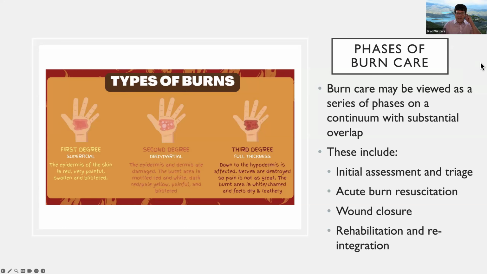Now, burn care has to be broken down into a series of phases. And the first phase involves the initial assessment of the patient, figuring out how much of the body is burned in terms of total body surface area. How much of it is second degree and third degree? We don't worry as much about the first degree component, as well as any other associated injuries.